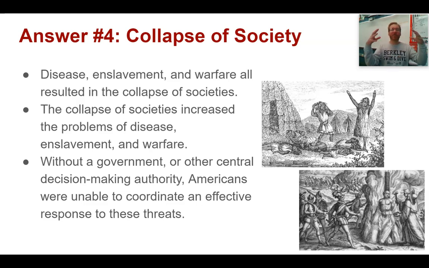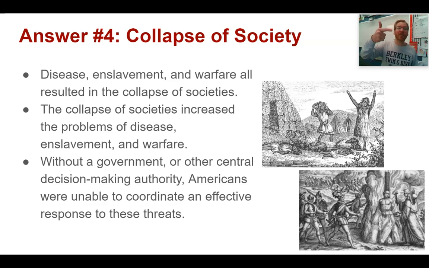And the collapse of societies due to the lack of all these important people is going to increase the problem of disease, enslavement, and warfare. Your doctors are all dying, disease spreads more quickly. Disease spreads more quickly and your people are dying off. You can't defend yourself, so more will be enslaved. And when you do have to fight those battles, you've got fewer people to fight and win, and therefore you lose more battles.